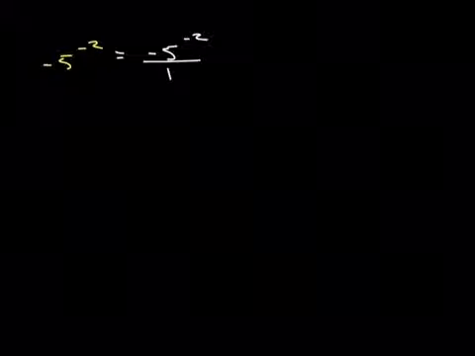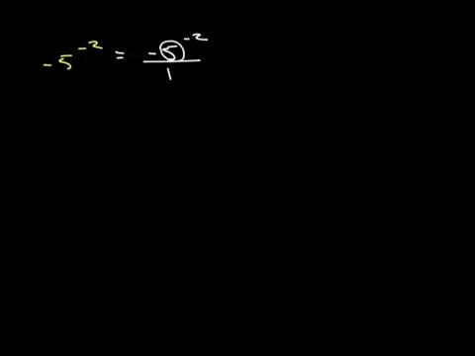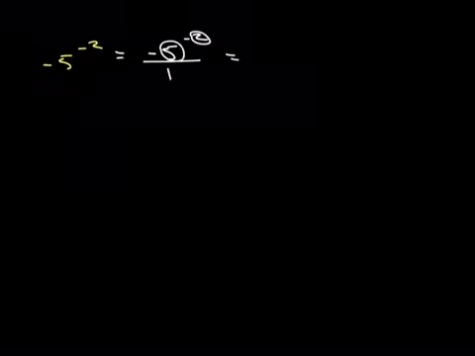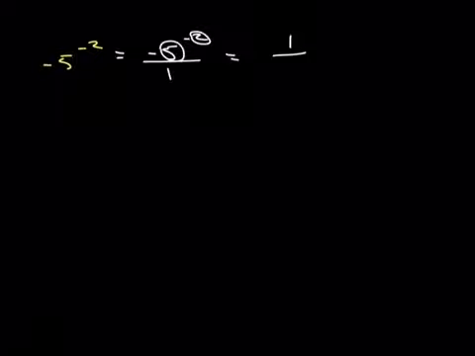Alright, so we're going to make that like that. Now we're going to move the 5 and the 2 down. Okay, so the negative stays there. Gives us negative 1 over 25.